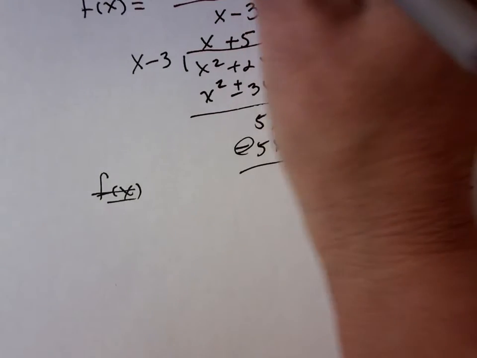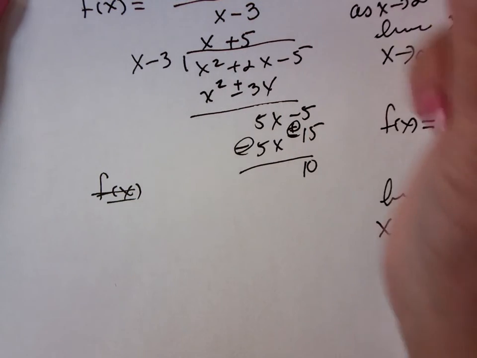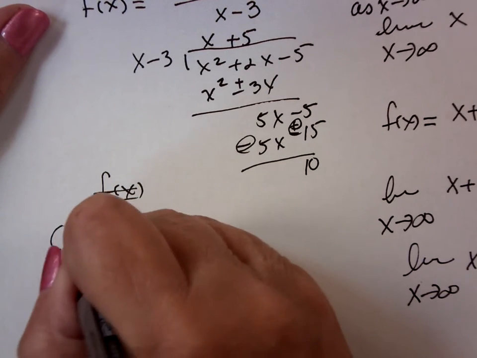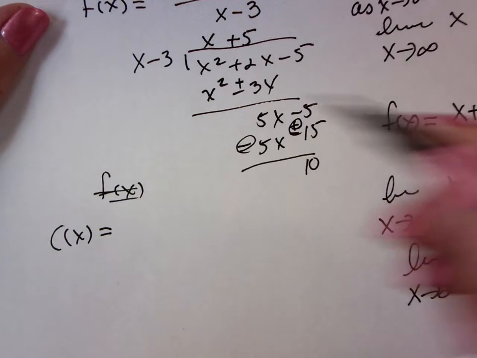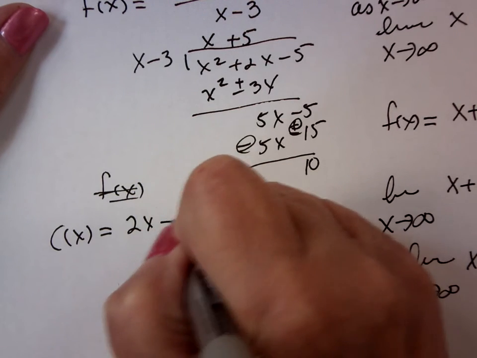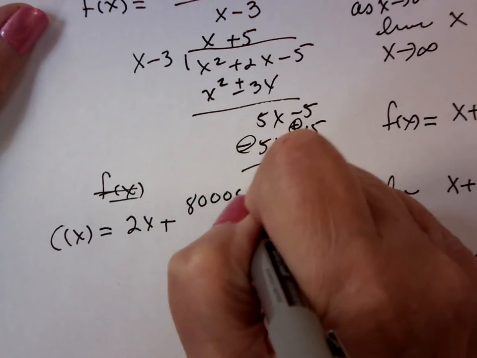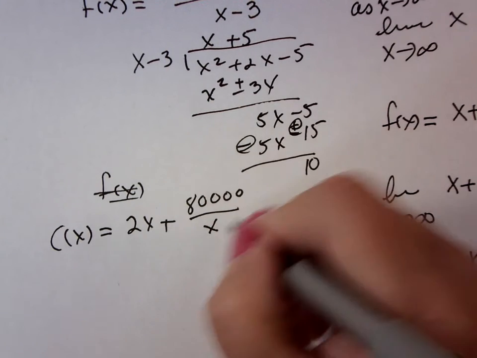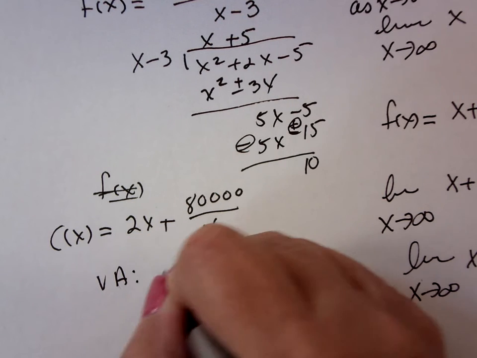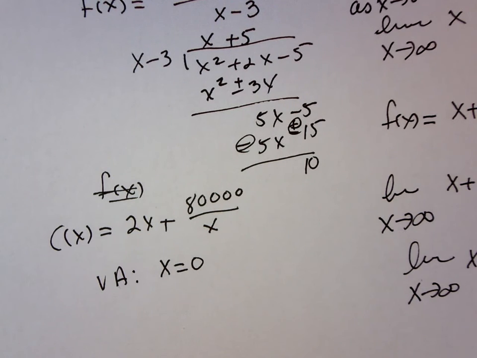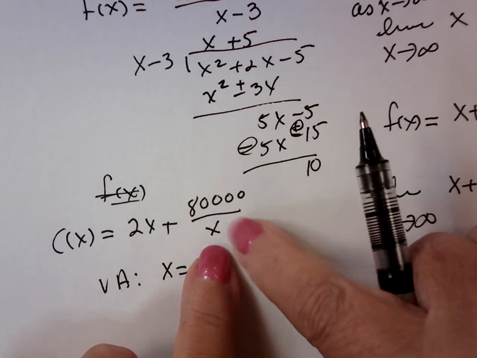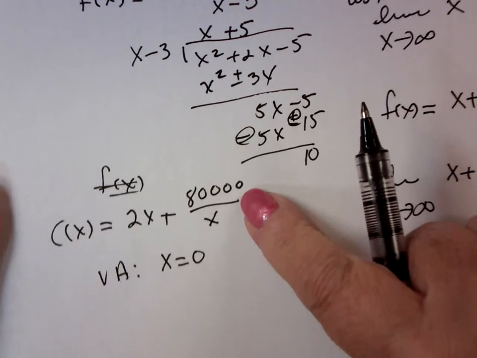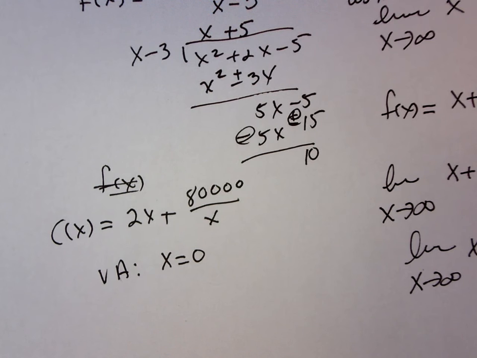So that when they come back here and say find all vertical and horizontal asymptotes, where c of x equals 2x plus 80,000 divided by x, right? Well, you have a VA at x equals 0. That's clear from here. And then you look at the model is 2x. That's linear.